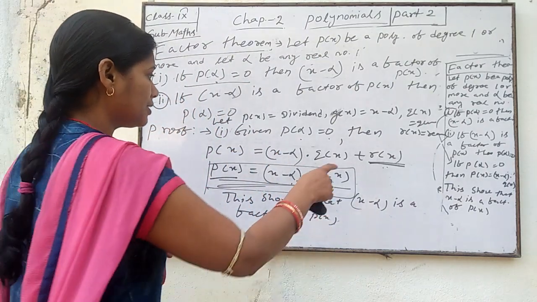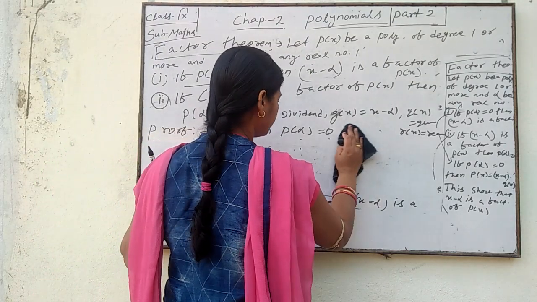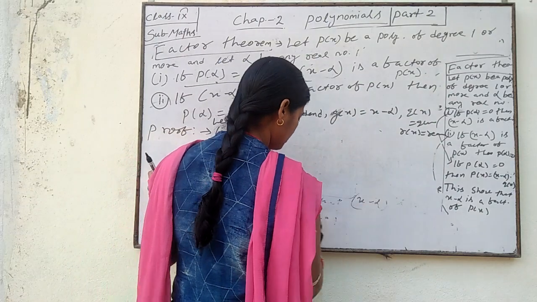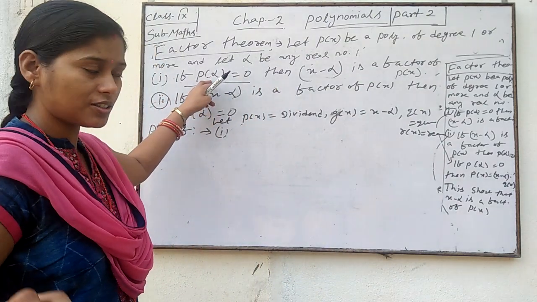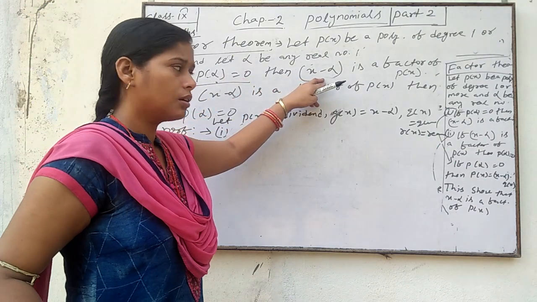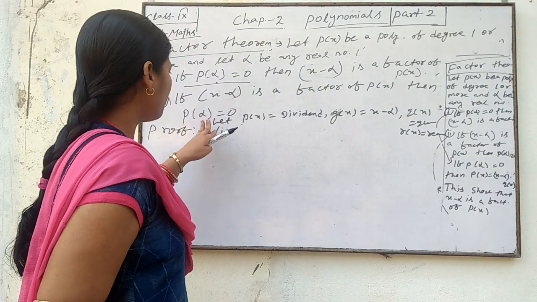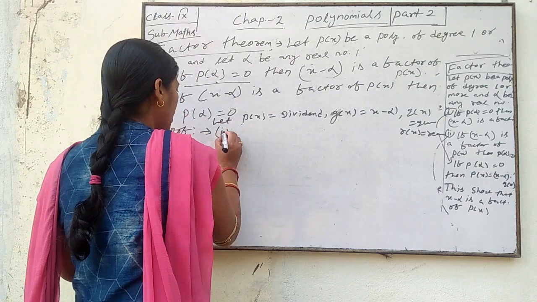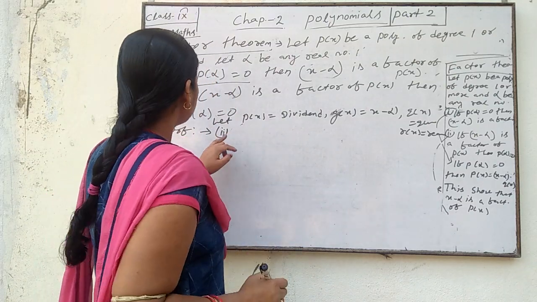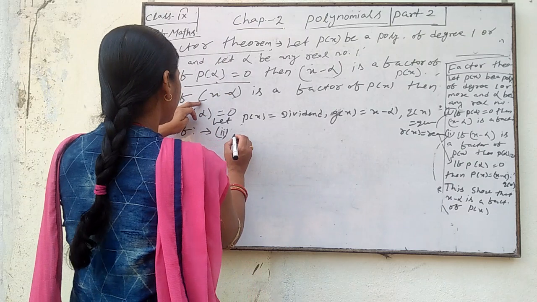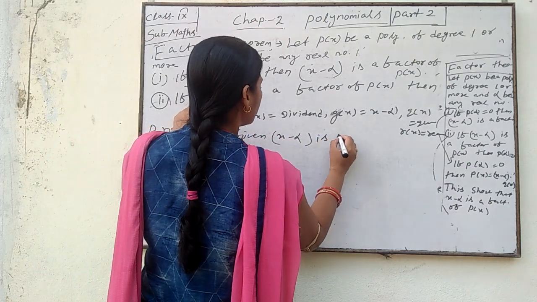Now the second point, the last point of the factor theorem, is just the reverse of point 1. In point 1, if p of alpha is 0, then x minus alpha is a factor. If x minus alpha is a factor, then p of alpha is 0. So now, in the second point, you're given that x minus alpha is a factor.